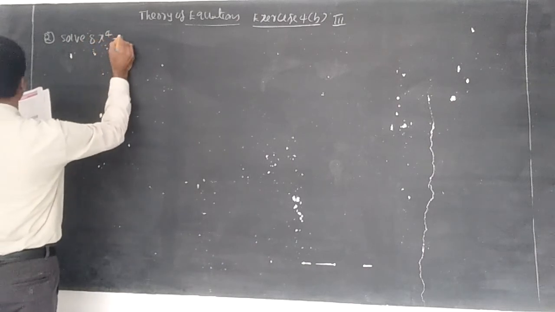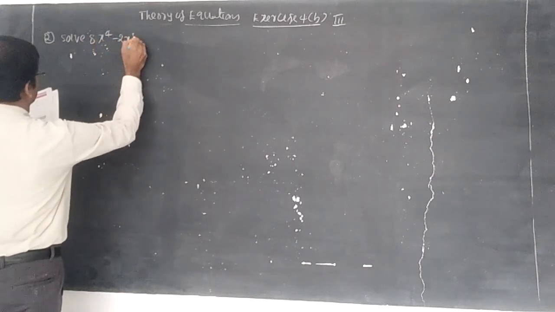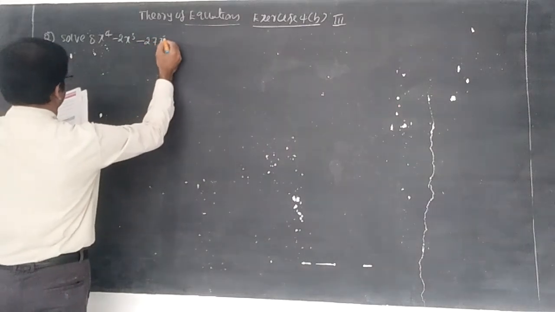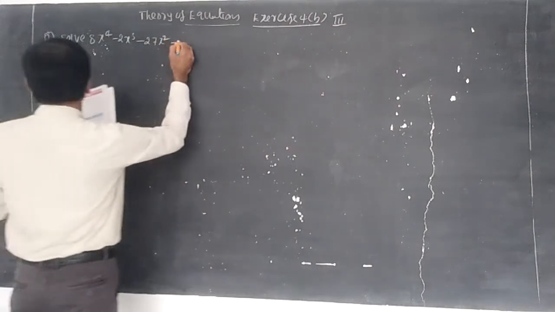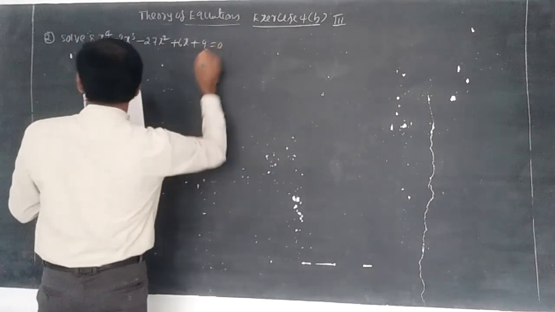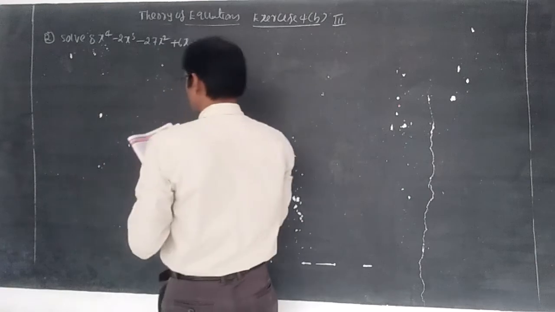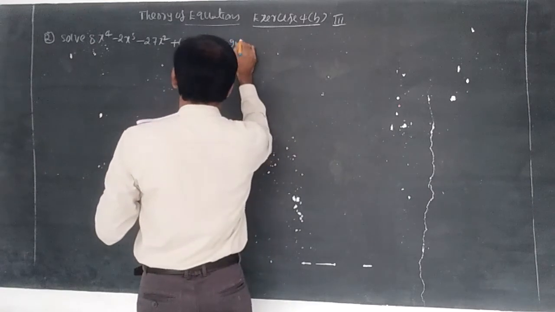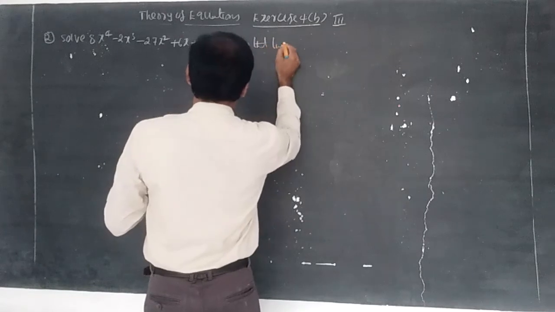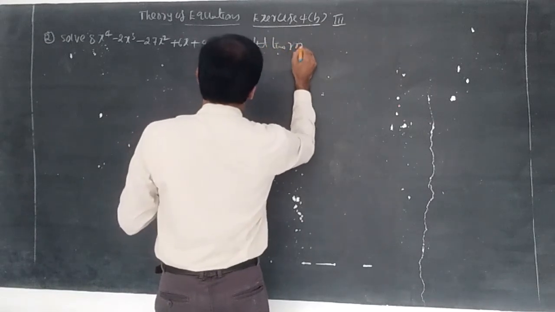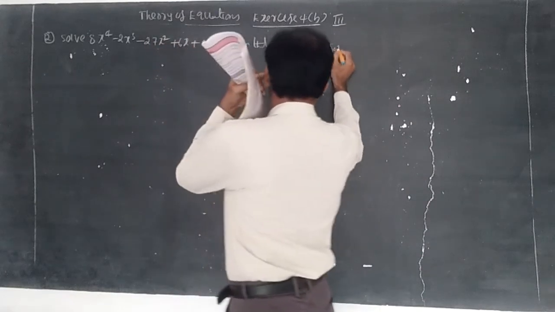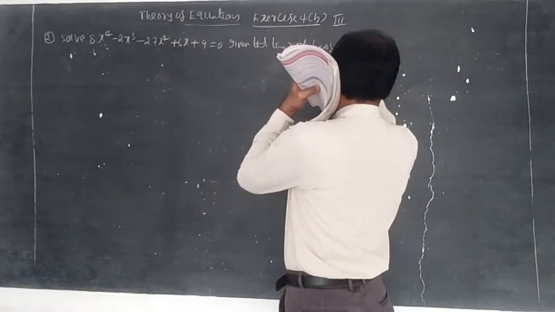Solve 8x power 4 minus 2x cubed minus 27x square plus 6x plus 9 equal to 0. Given that two roots have same absolute value.